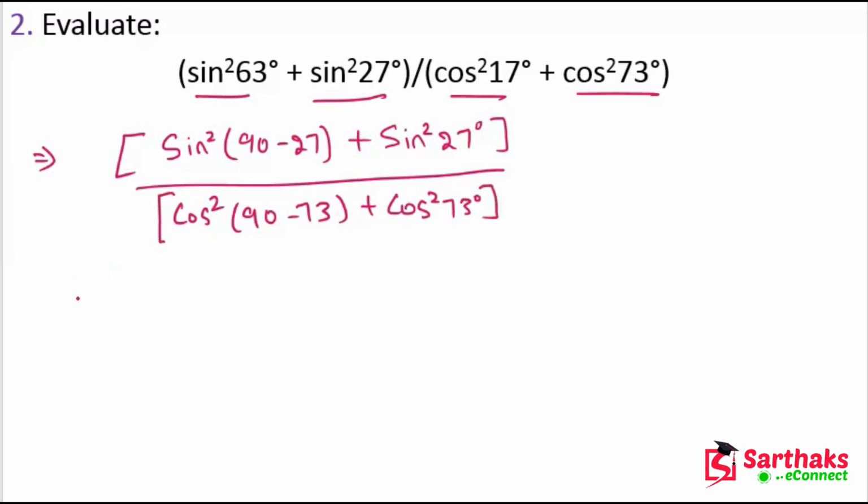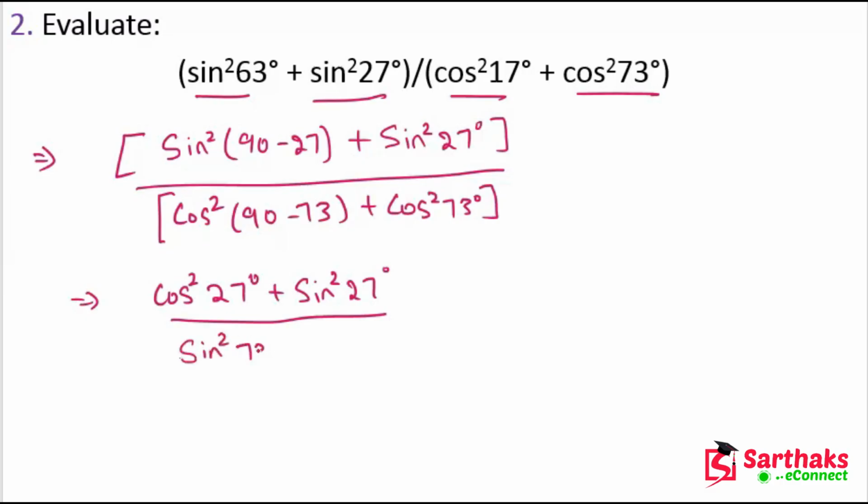Now using the identity of complementary angles, the numerator will become cos square 27 degree plus sin square 27 degree, and the denominator will become sin square 73 degree plus cos square 73 degree.